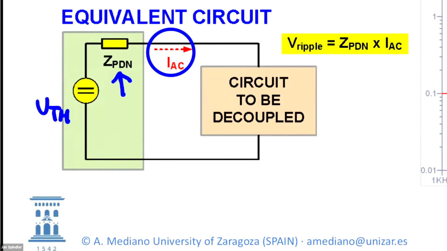No, this impedance must be ideally zero. If this impedance is zero, that means that the current must be as high as you want, but there is no voltage drop. This is impossible.